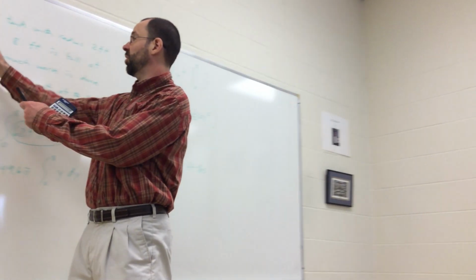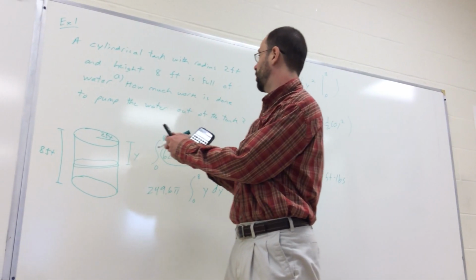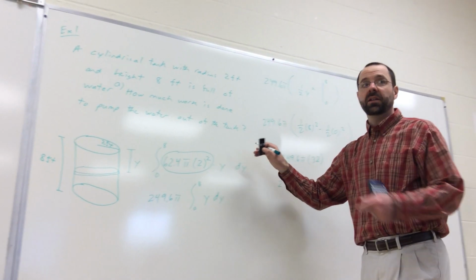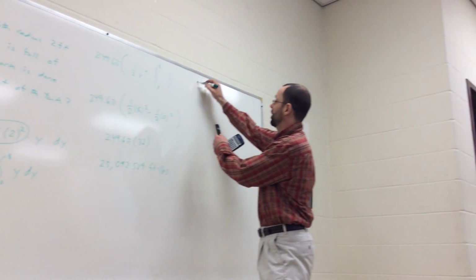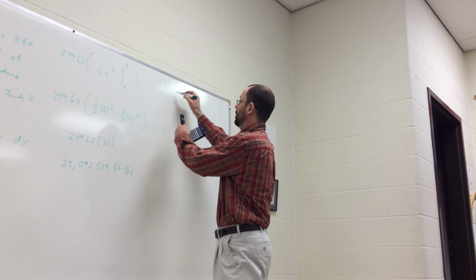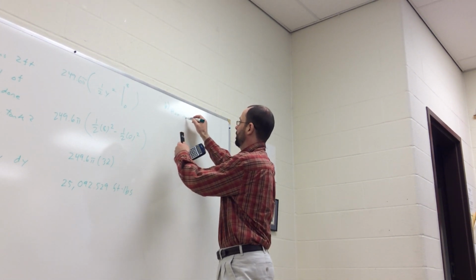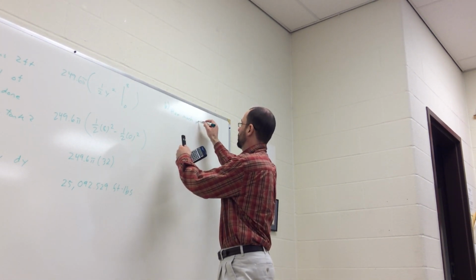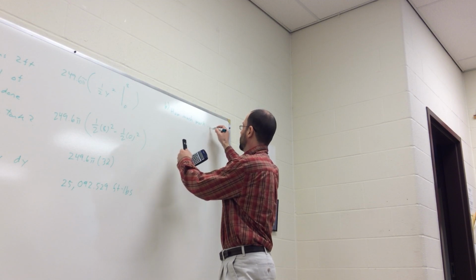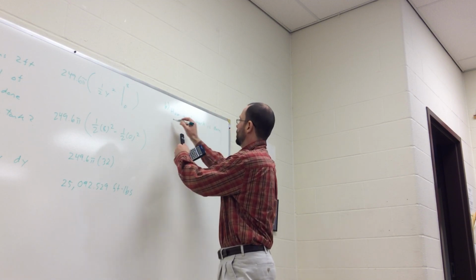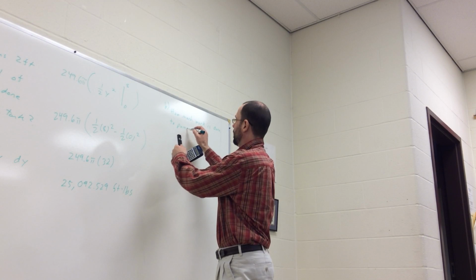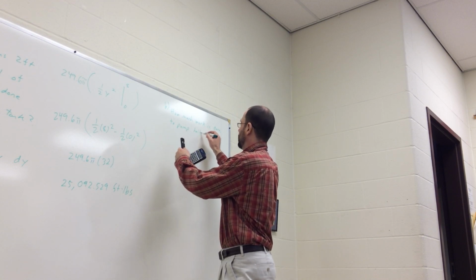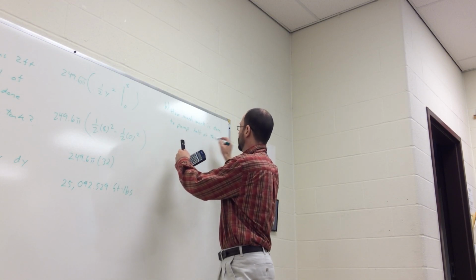Okay, so that was part A. Part A was how much work is done to pump the water out of the tank. Now for part B, we're going to change it up a little bit. We're going to say how much work is done to pump half of the water out of the tank.